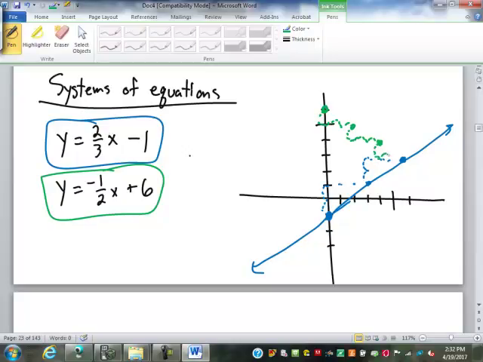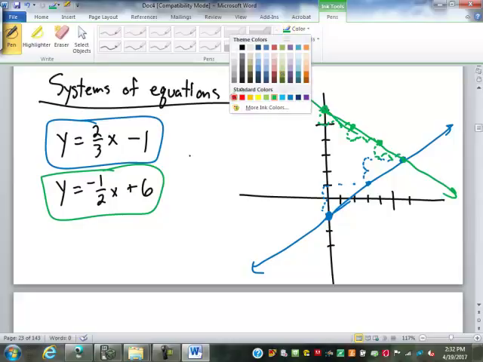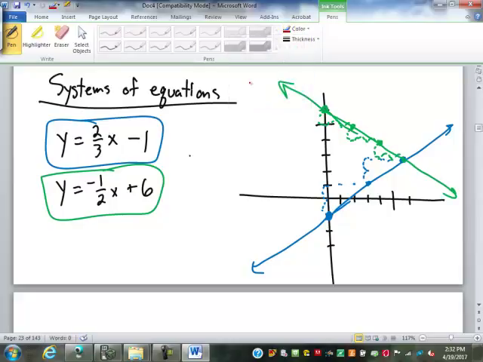Down 1, over 2. So I've graphed both equations. Well, in a system of equations, what we are looking for is points that make both equations true.